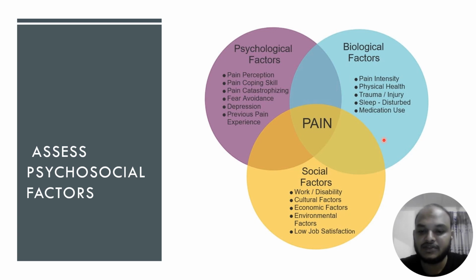And sometimes the interesting thing is when we assess our patient, sometimes you will see that pain is more related with the psychological issues and may need a referral to a psychologist. So if we assess psychosocial factors, again, we will not miss anything. Okay, we will not do any harm to the patient. We'll make sure that everything is taken care of and we understand the pain in our best capacity.